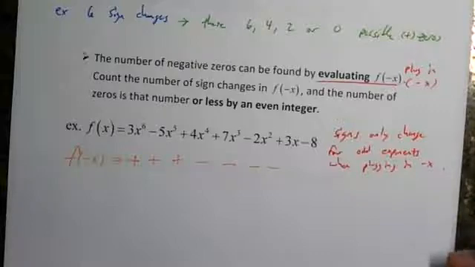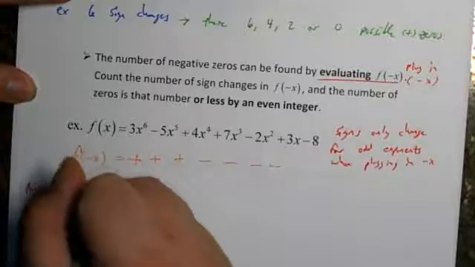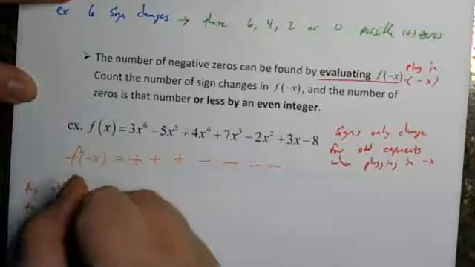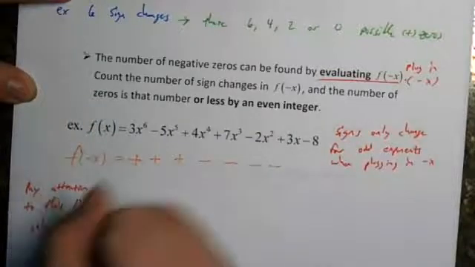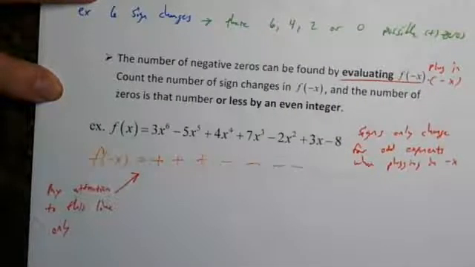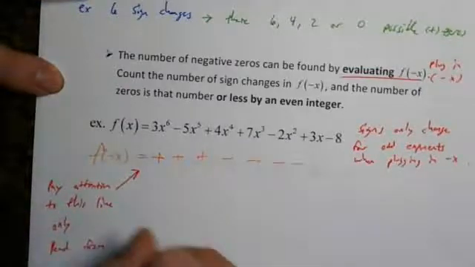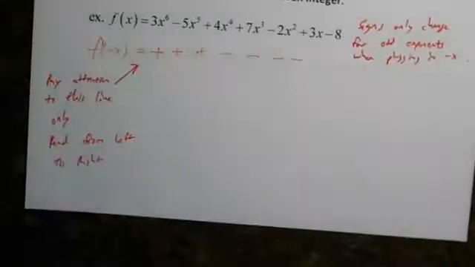Okay, so we're going to count the number of sign changes. Pay attention to this line only. That line only. Read from left to right. Only from that line. In other words, what I'm trying to tell you is this.